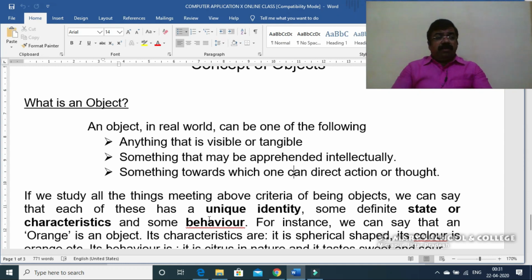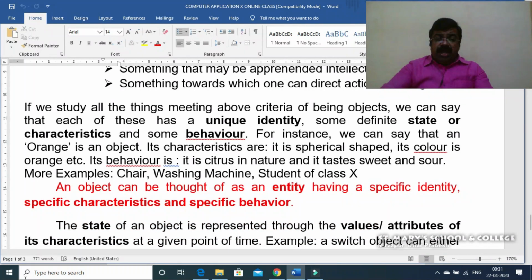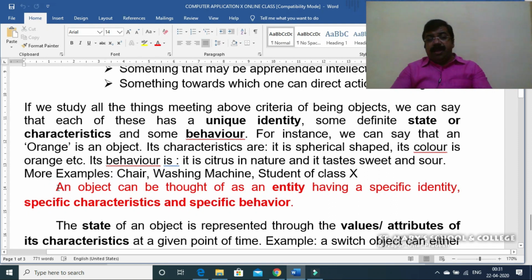Again, we have chairs, tables, pens. These are all objects that we are seeing around. Now let's proceed to the definition. The one which is written in red color here is the definition.